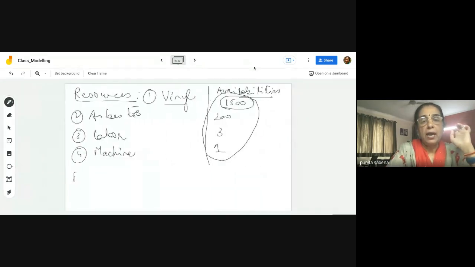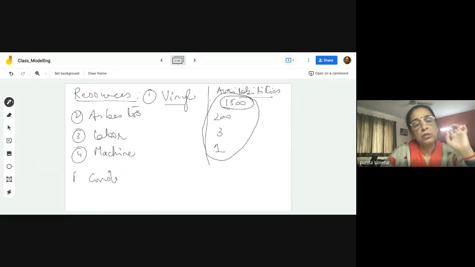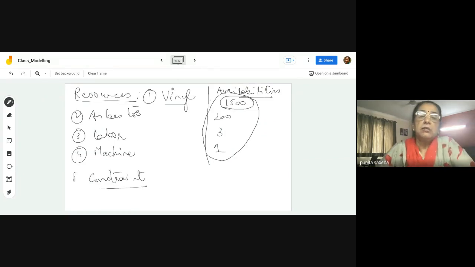Now, I have four resources, right? So as I said, every resource is going to define a constraint. So the utilization of vinyl and the availability of the vinyl is going to define my first constraint.